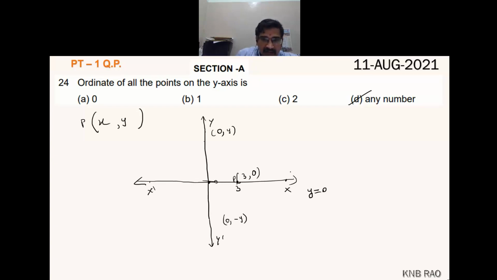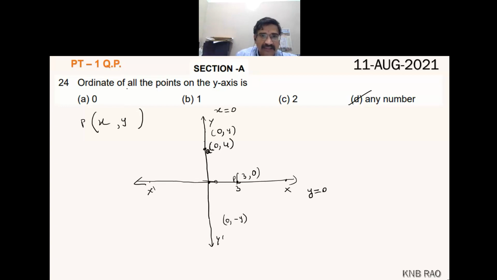But if any point lies on the y-axis, then its abscissa, or its x coordinate, is 0, and there will be a number for its y coordinate. So any point lying on the y-axis will have its x coordinate 0. That's why we call the equation of the y-axis x equal to 0.